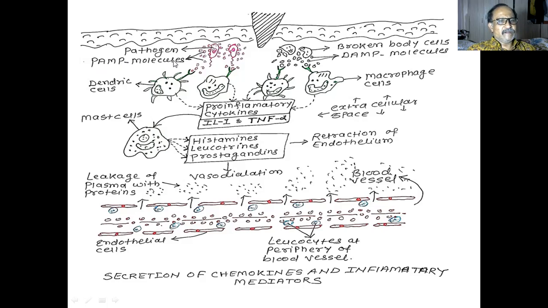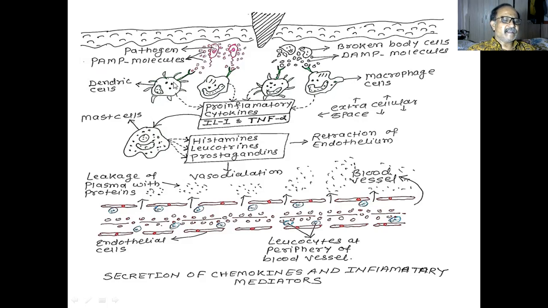Now what happens? These macrophage cells and dendritic cells, these special leukocytes which are present scattered in the extracellular spaces, have receptors.